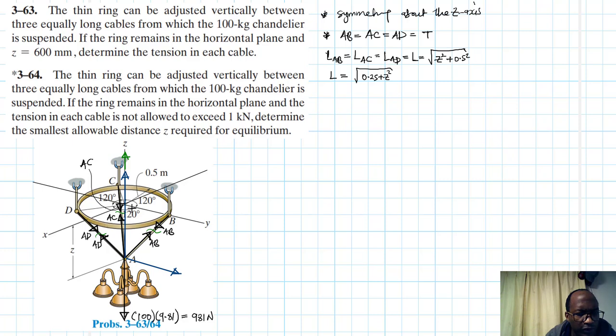So from there to there, this angle here is 120 minus 90, which is 30. And then this one here is equal to 60.